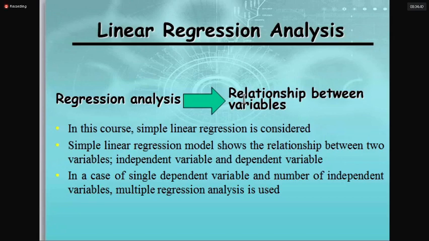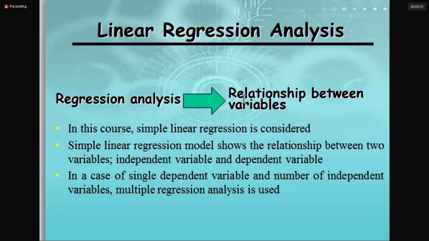For example, if the price of some item is increased, we can observe that demand can be decreased. So there will be a negative relationship between those two. When one increases, the other variable decreases. So that is called a negative relationship.